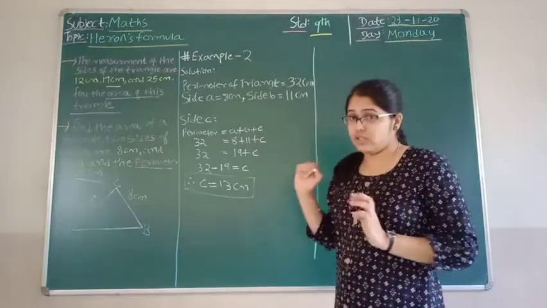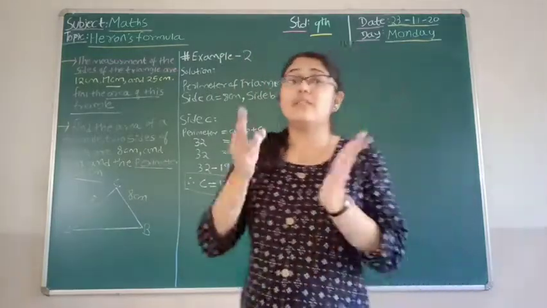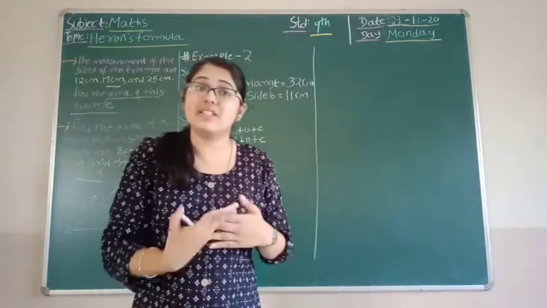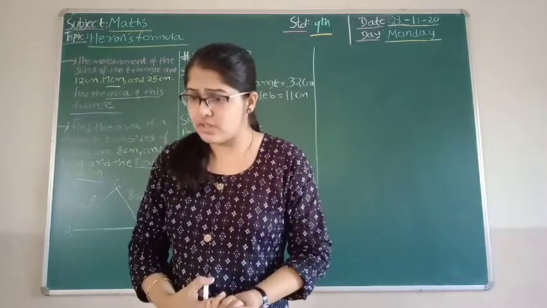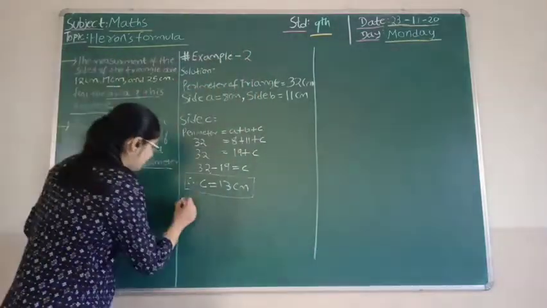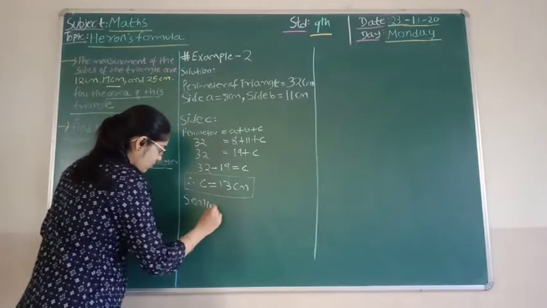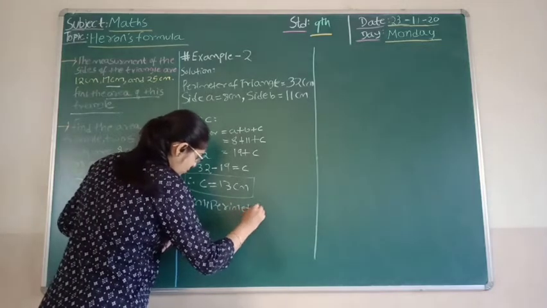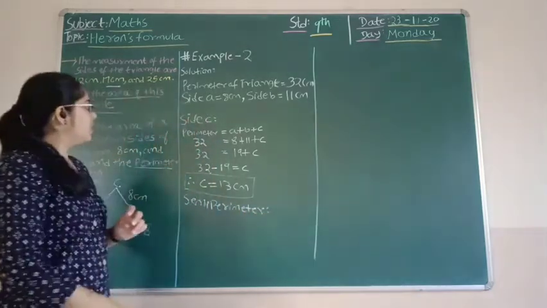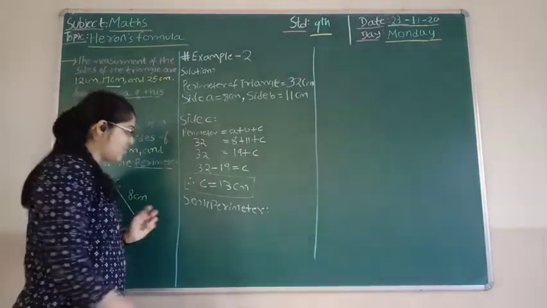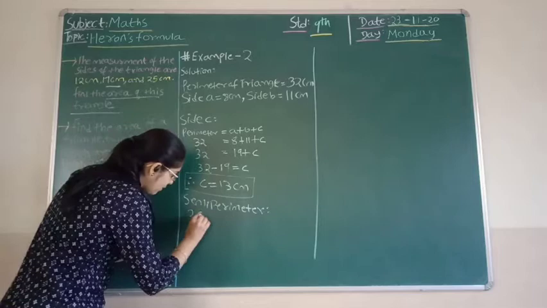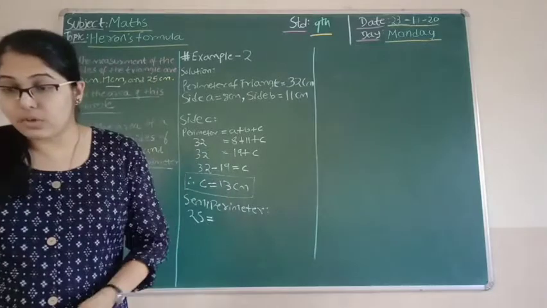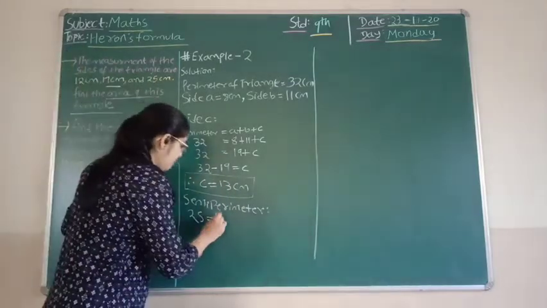Now we'll move on to the semi-perimeter. So the question arises, from this perimeter, how can we find the semi-perimeter? If I go for semi-perimeter, then students, I can write 2s is nothing but equal to 32, and 32 is the perimeter.